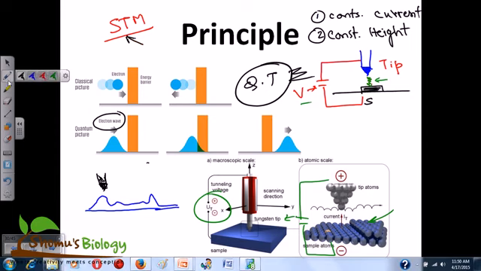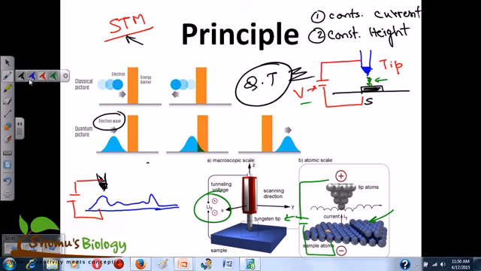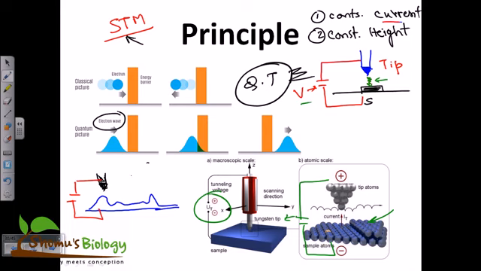The idea here is that this tip is providing current because of this voltage gradient; whatever voltage gradient is present, it is transferring some electrons. As it transfers electrons, a particular current will be generated between the tip and the sample's surface, right? Now there are two factors: one is the amount of current, another is the distance between the tip and the surface.